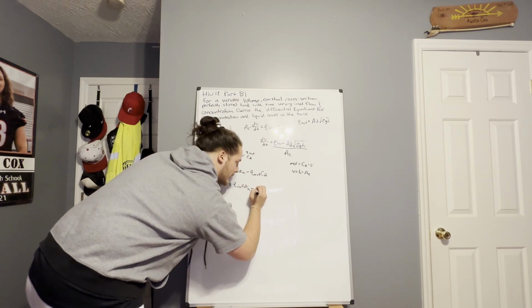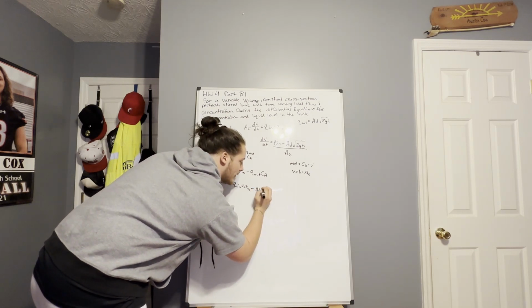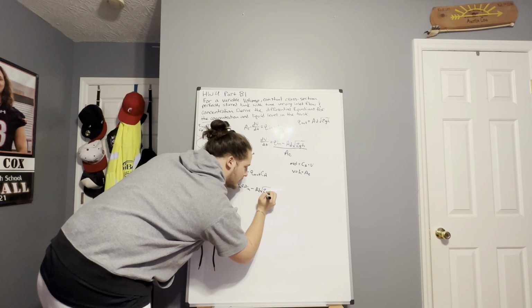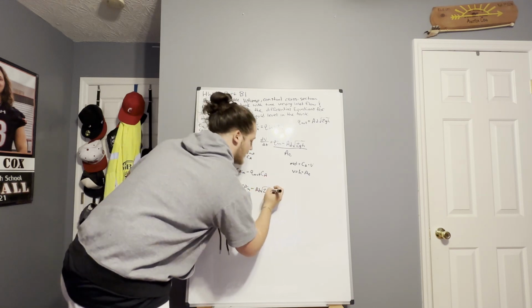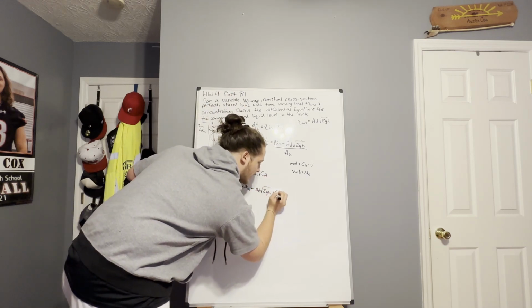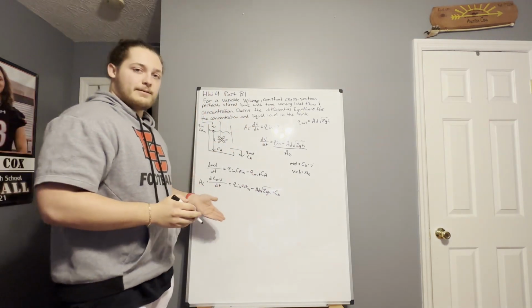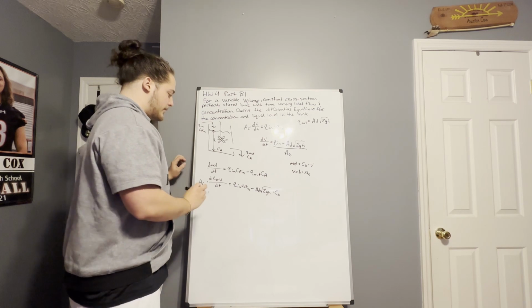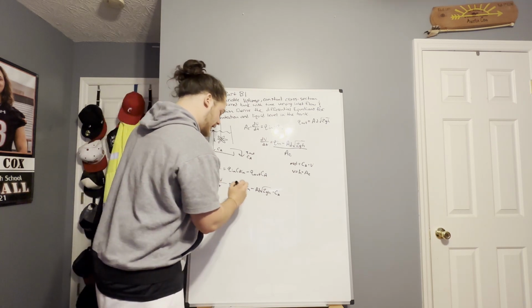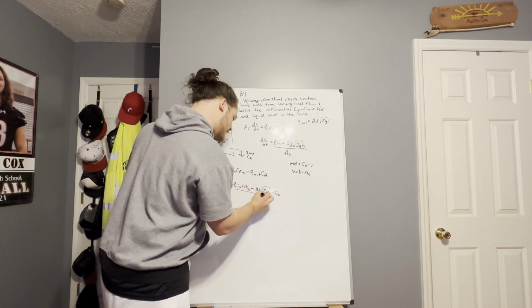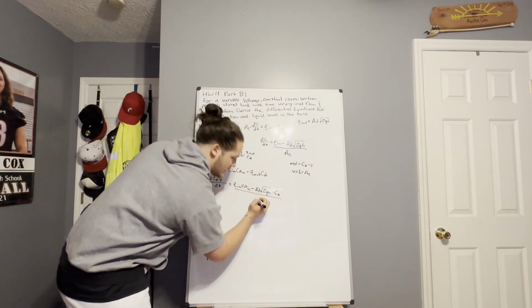So minus AD times our square root of 2GH, and that is again going to be multiplied by our concentration. So now that we have this, our next step is going to be dividing this expression by our cross-sectional area.